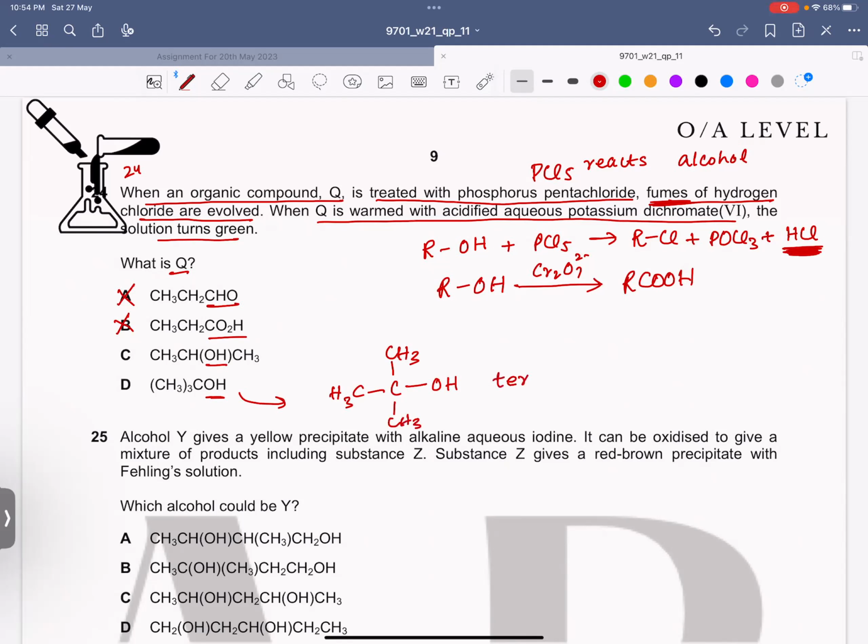And if it's tertiary, it never oxidizes. So D goes wrong as well, because Q is undergoing oxidation, as it turns the solution green. So C is your correct answer. Is this clear to everyone?